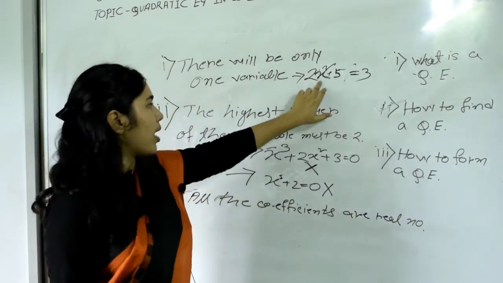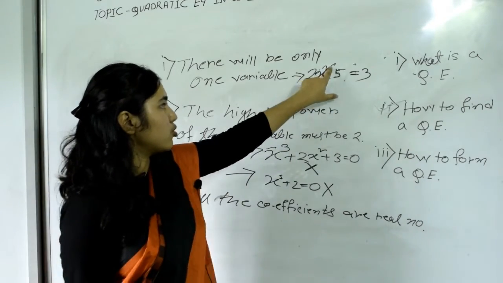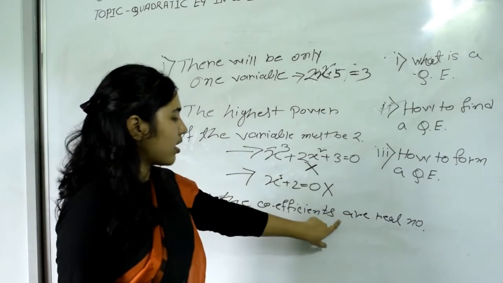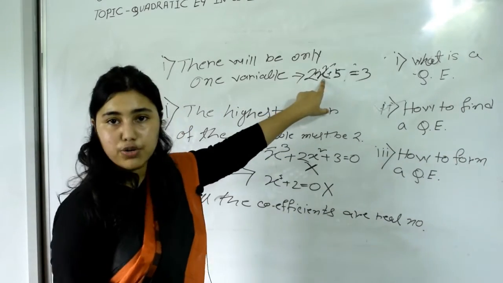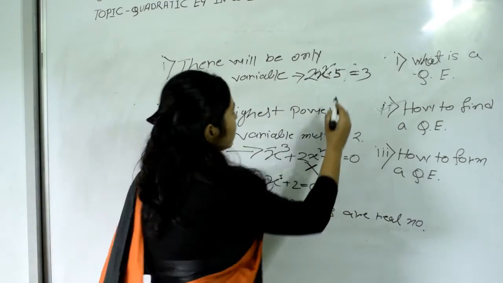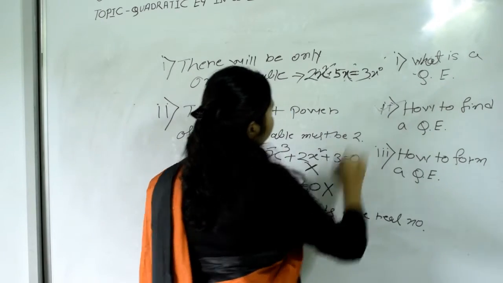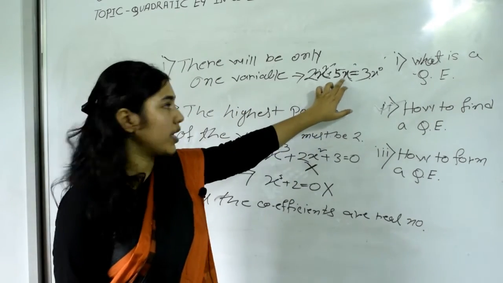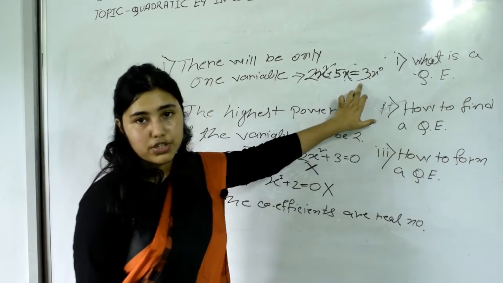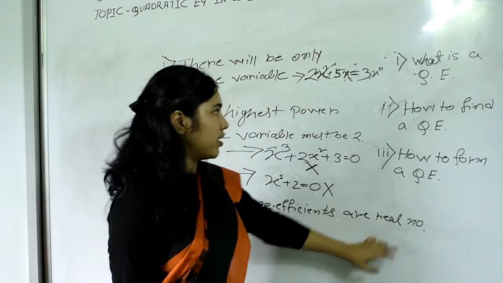Here we have only one variable x. Next, the highest power of x is 2, and now the third condition, all the coefficients are real numbers. That means the coefficient of x square is 2. The coefficient of x is 5, and the coefficient of x to the power 0 is 3. That means all these coefficients are real numbers.